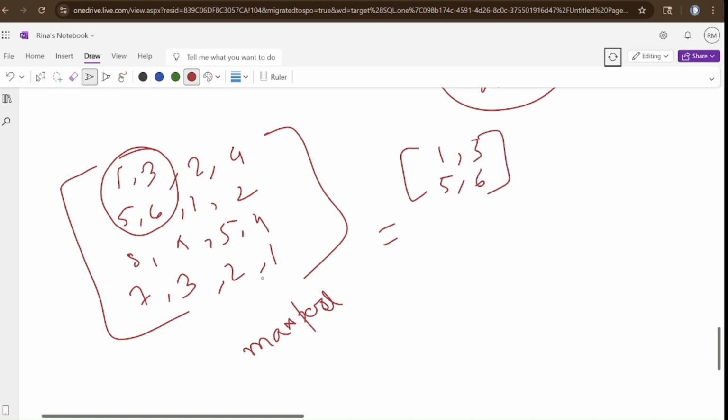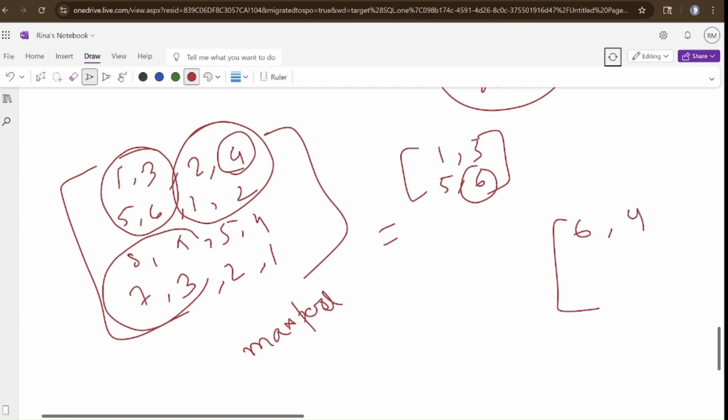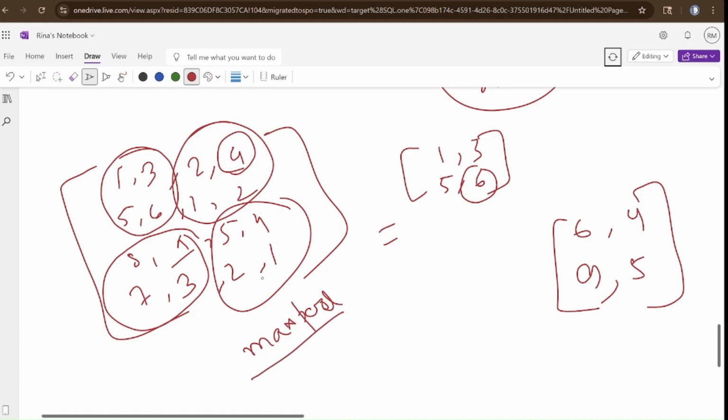Now it tries to find which one is the maximum. 6 is the maximum, so it will be in the output. Second block, which one is maximum? 4 is maximum, so 4 will be output. Third block, 9 is maximum, so 9 will be here. Fourth block, which one is maximum? 5, so 5 will be here. This will be your output. That is what maximum pool does.